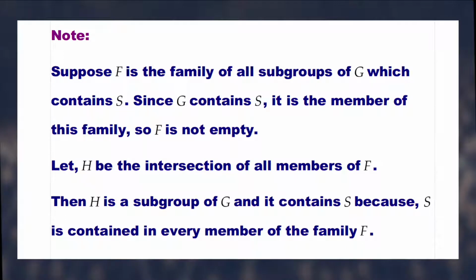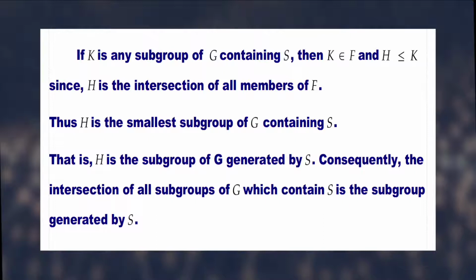Let H be the intersection of all members of F, then H is a subgroup of G and it contains S because S is contained in every member of the family F. If K is any subgroup of G containing S, then K belongs to F and H is a subgroup of K since H is the intersection of all members of F.